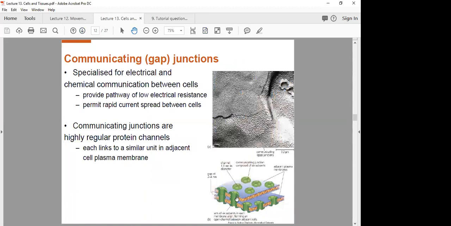So here we have communicating junctions illustrated in green. This represents the plasma membrane of one cell, and down the bottom here we have the plasma membrane of an adjacent cell. So you can see here how these communicating junctions will link one cell to the other.